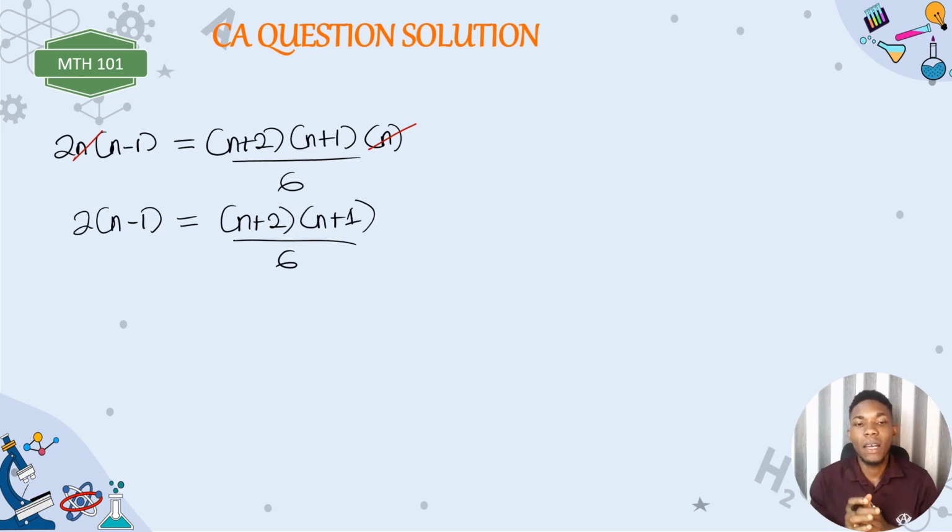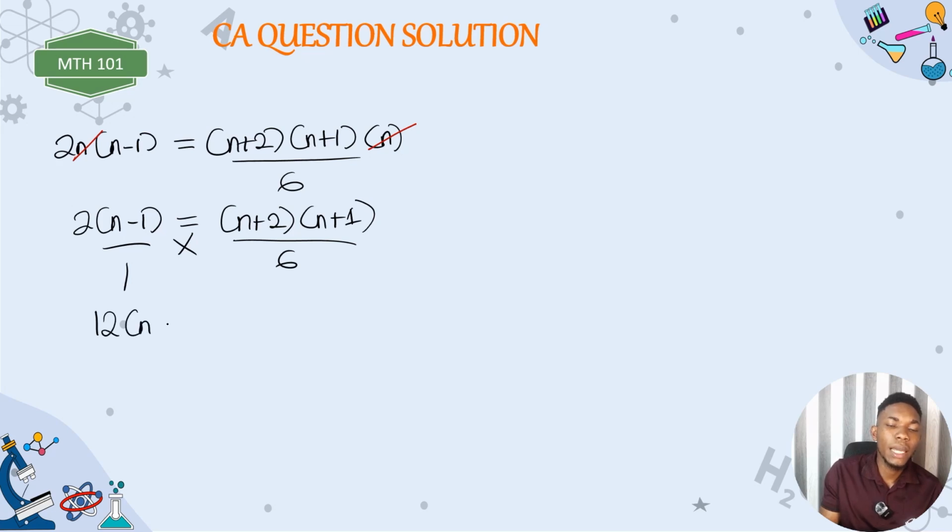Is that okay? Now, at the end of the day, we can cross multiply. If we cross multiply, 6 multiplied by this will give us 12 bracket n minus 1 is equal to n plus 2 bracket n plus 1.